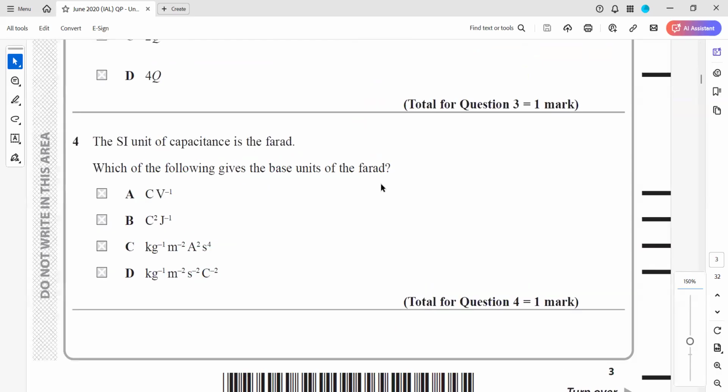The SI unit of capacitance is farad. Which of the following is the base unit? So Q is equal to CV, C is capacitance.